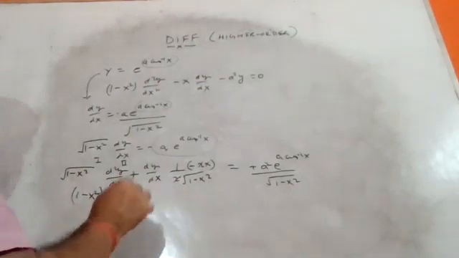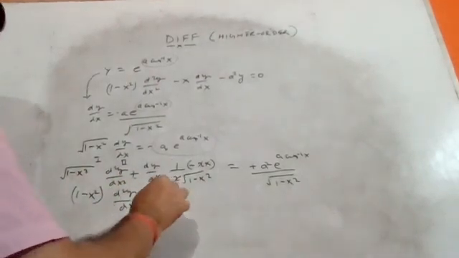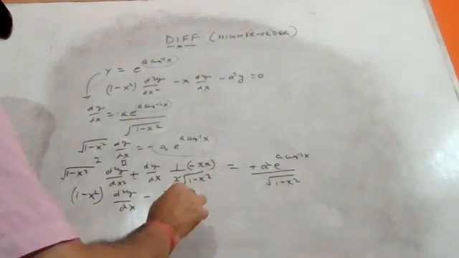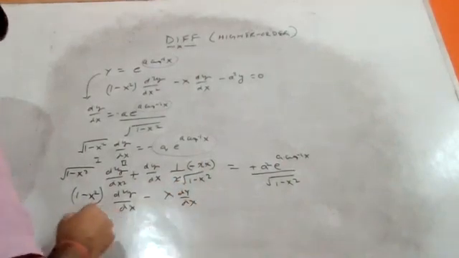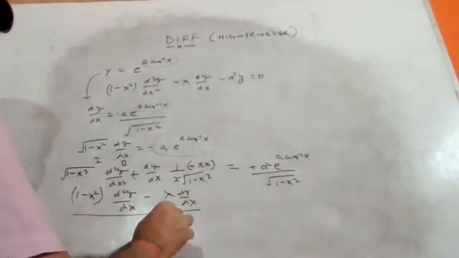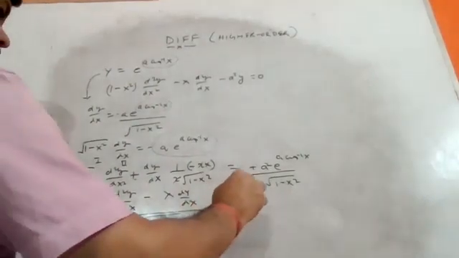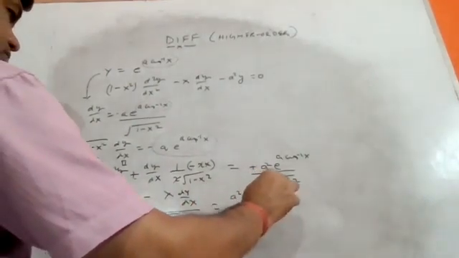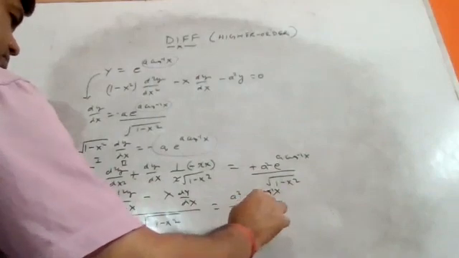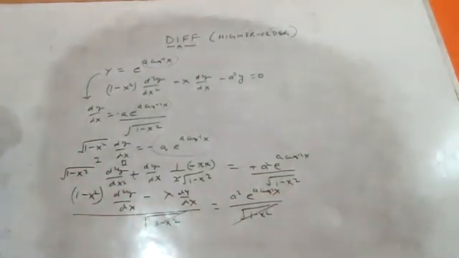D2y upon dx square plus, minus minus sign, here is x dy upon dx divided by root of 1 minus x square equal to a square e raised to power cos inverse x divided by root of 1 minus x square. This one cancels out. You will get the result easily.